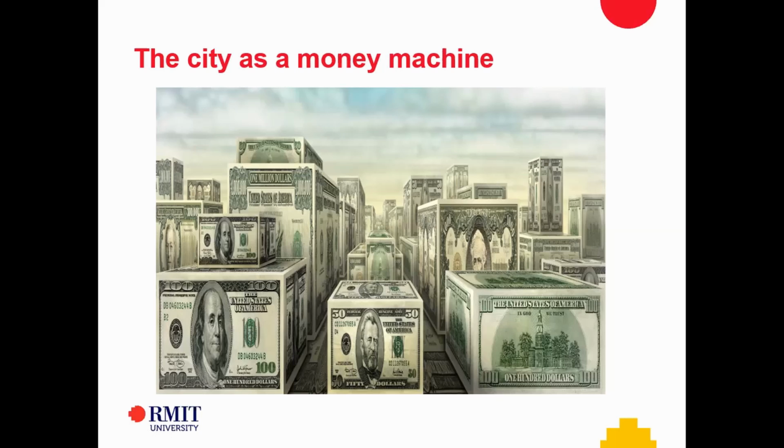So in other words, allowing people to create wealth by facilitating the cities in order for them to create wealth. That is the basis of it. And from that, other good things will flow. So the city is a money machine, creating capital, creating wealth, and politicians every day will talk about this.